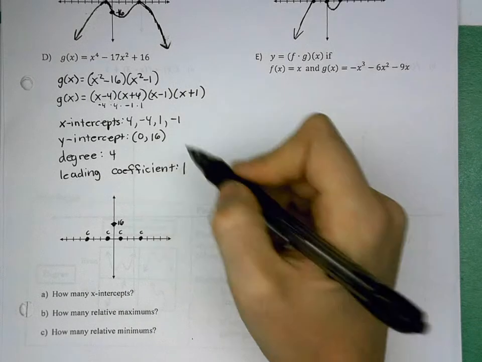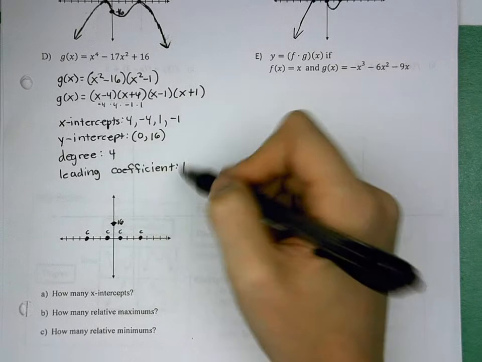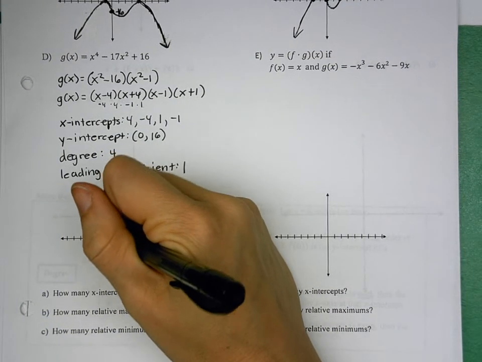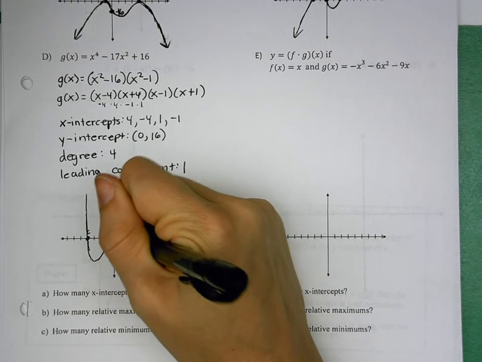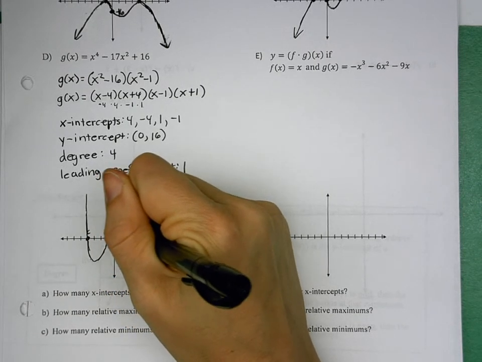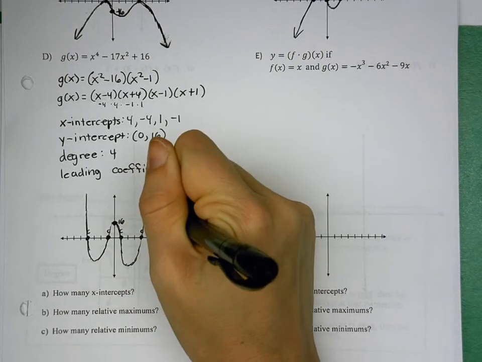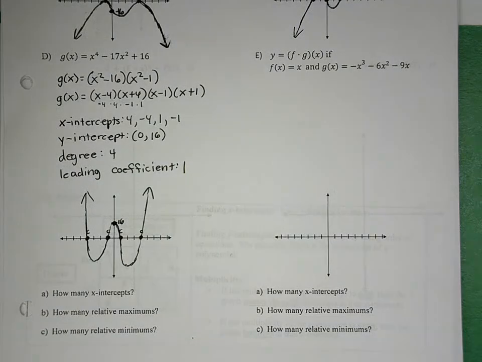As I plot those, I need to make sure that I have positive infinity end behavior on both the left and the right. So it's going to look something, kind of roughly speaking, like this. Okay. Again, it's just a rough sketch.